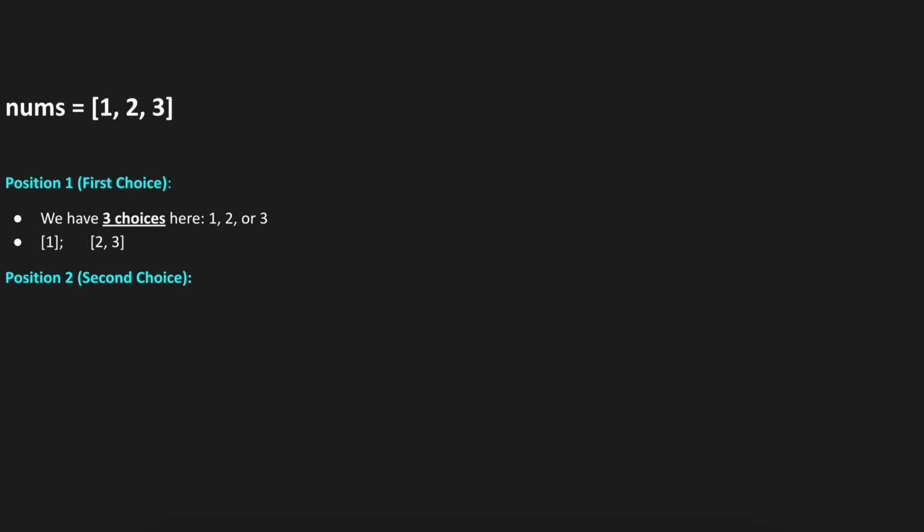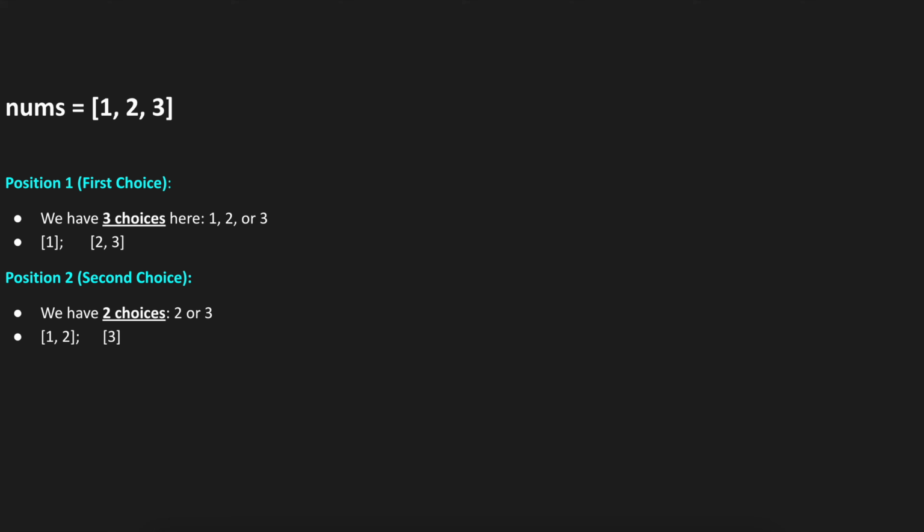So for the second position, how many choices can we make? We already used 1 element in the first position, so now we have 2 elements. So in the second position we have 2 choices. We can choose either 2 or 3, right?